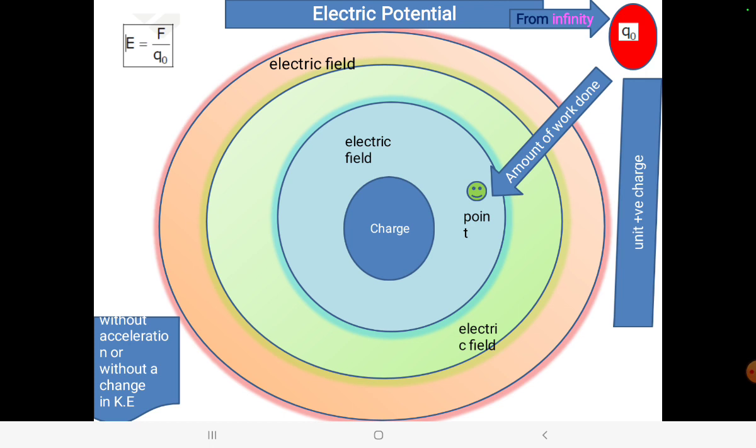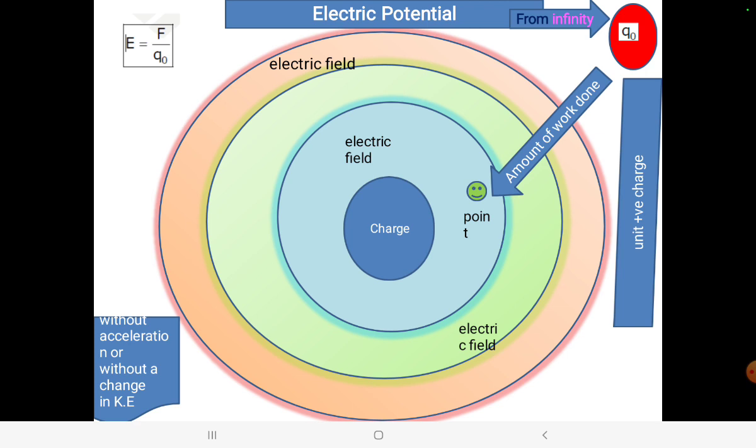Electrical potential means the amount of work done to bring a unit positive charge from infinite distance into that electrical field. How much energy we used, how much work we have done, is nothing but the electrical potential.